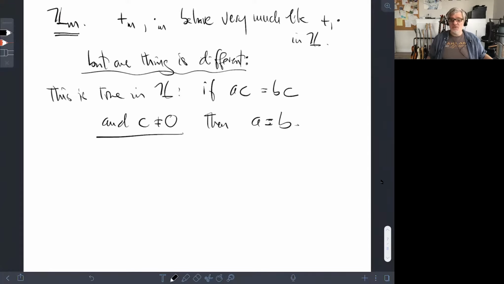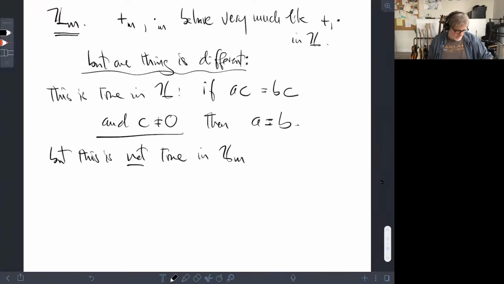Okay, so this is true in the integers. It is not true in general in Zm. I mean, it's true for certain values of m, and we'll get to that.